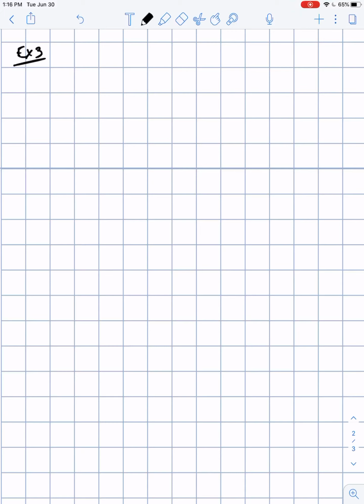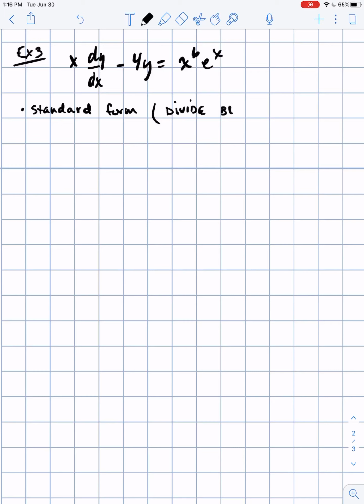Example 3. Let's do x dy/dx minus 4y equals x to the 6th e to the x. Here we want to put it in standard form, so what I'm going to do is divide by x.